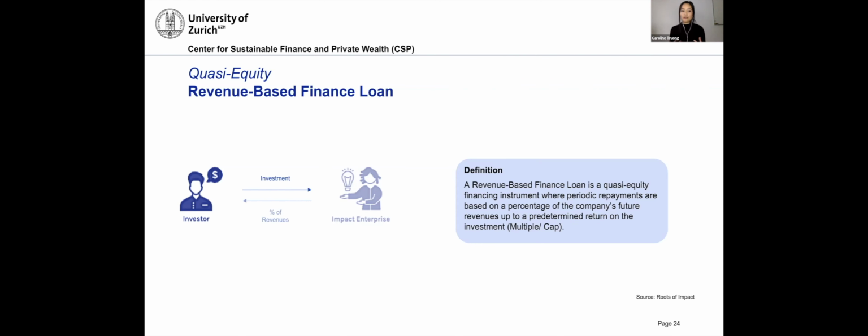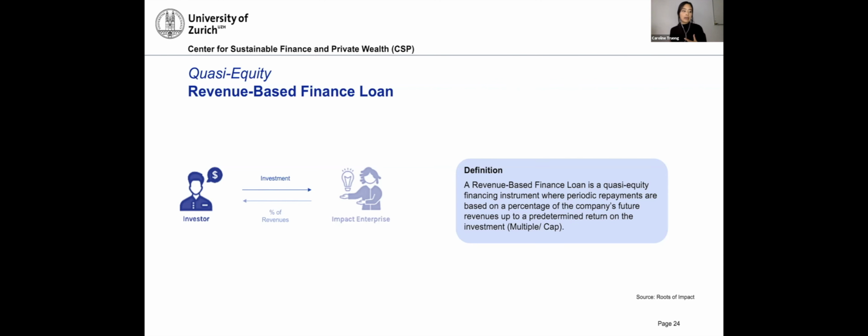For example, if the revenues are low in one month, the investor will get lower payments, and the overall repayment time can be extended. For this reason, a revenue-based finance loan can be a quite interesting model for water service providers because of the seasonal nature of their operation.